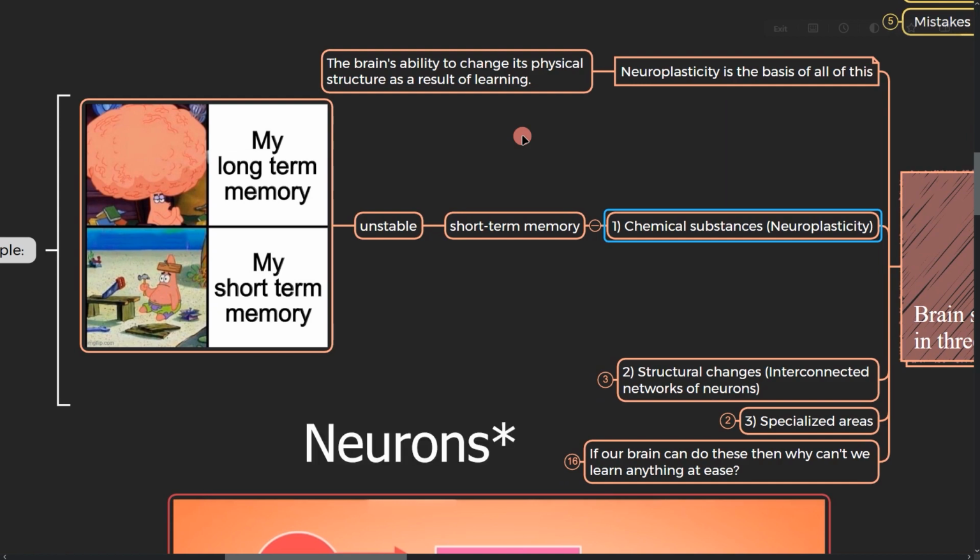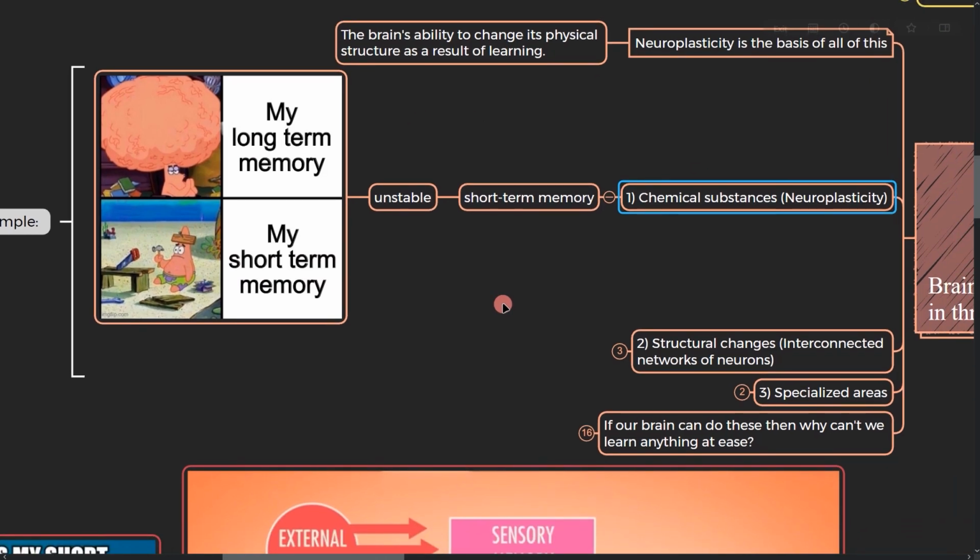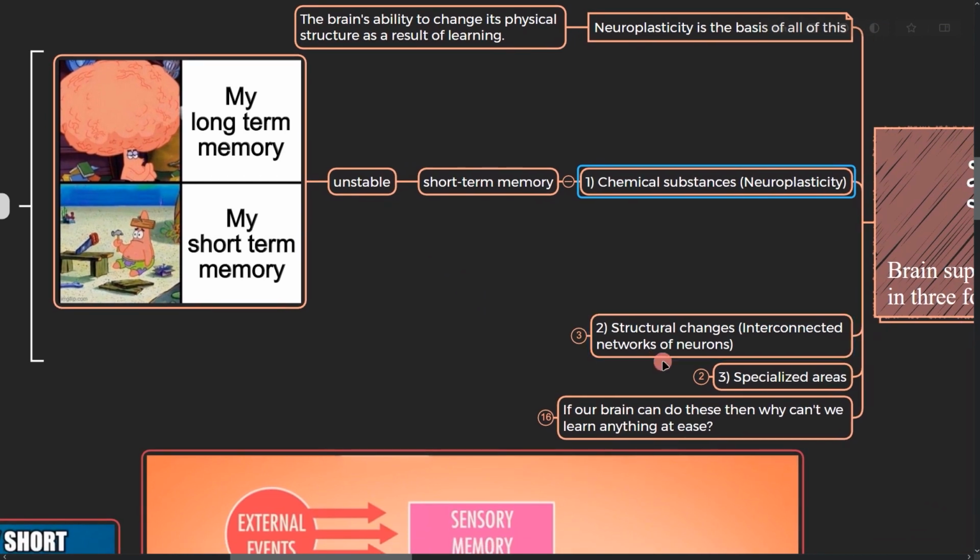So these are unstable. They usually fade away after a short period of time. So it's not like my long-term memory versus my short-term memory. They're something that just fades away in a short period of time.